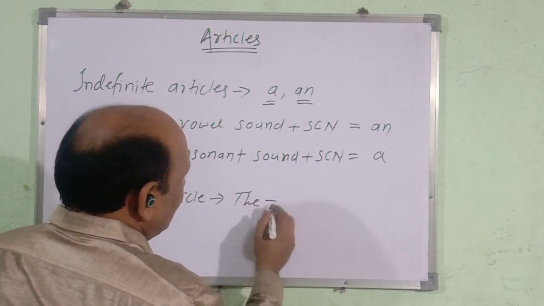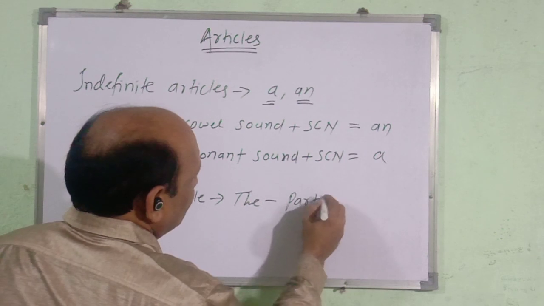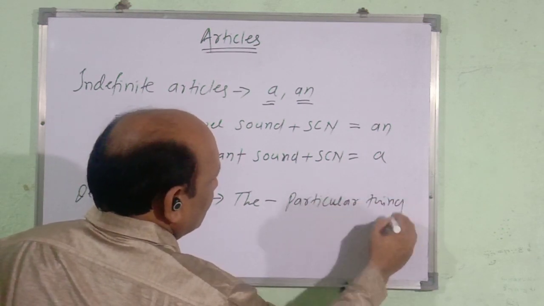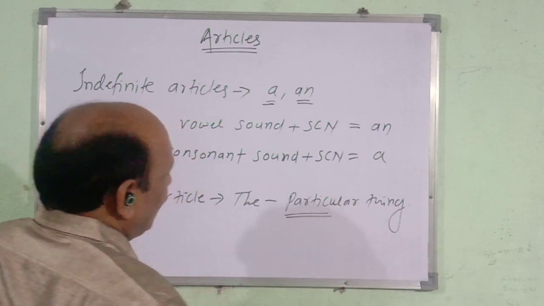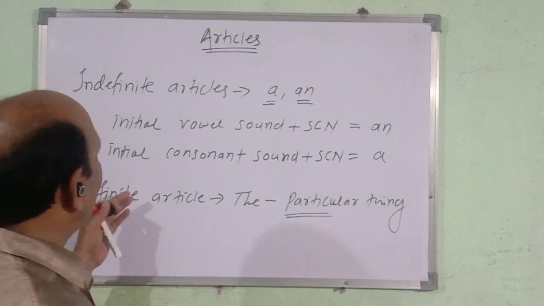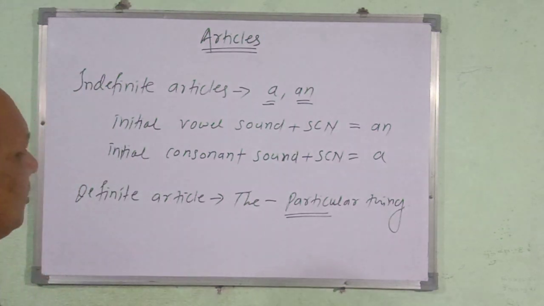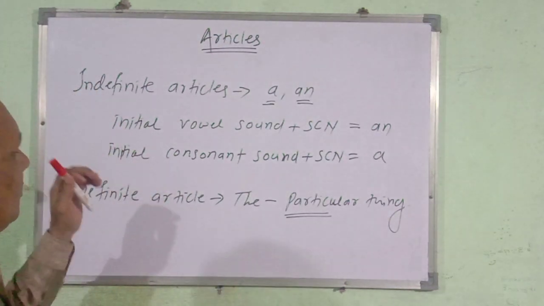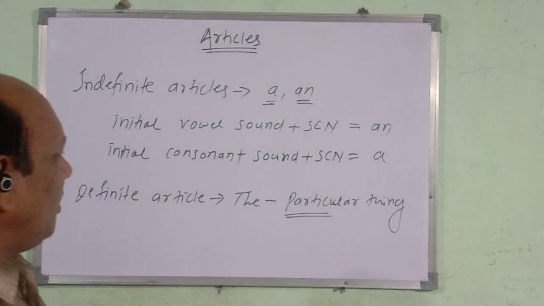When you mention particular things, that time you have to use the article. Getting a little bit? So dear students, I think you have understood how to use the article with the noun and the proper noun.